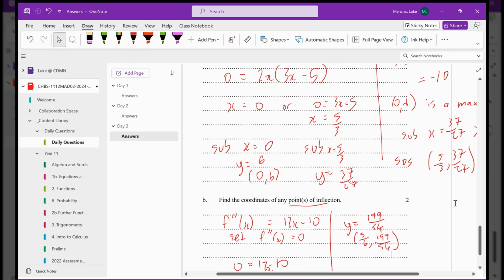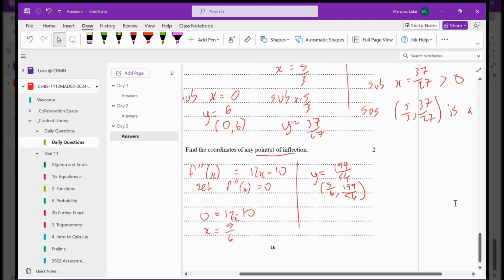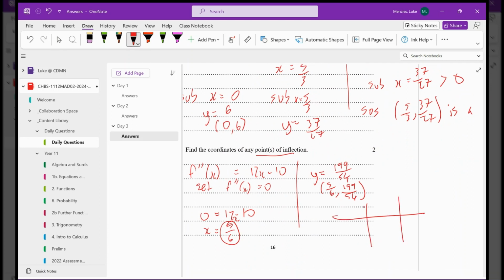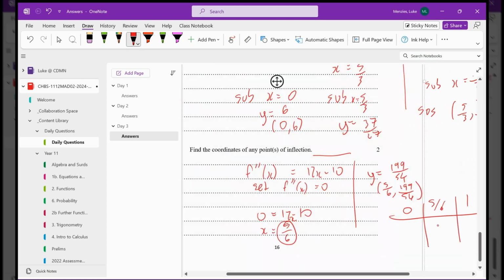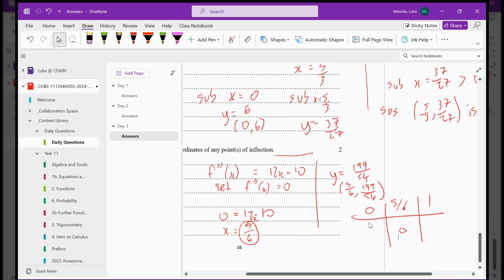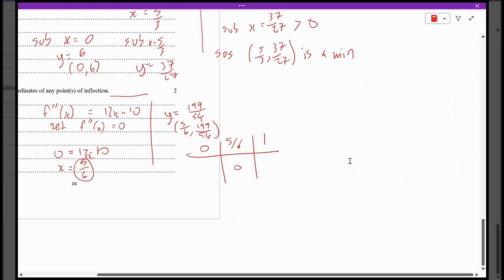Now, what do we need to do? We need to check either side of 5 on 6. We know that's a stationary point. I'm going to pick 0 and 1. We know the answer at 5 on 6 should be 0, because that's what we just found. What we want when we substitute in 0 into the second derivative, we're just interested in the answer.